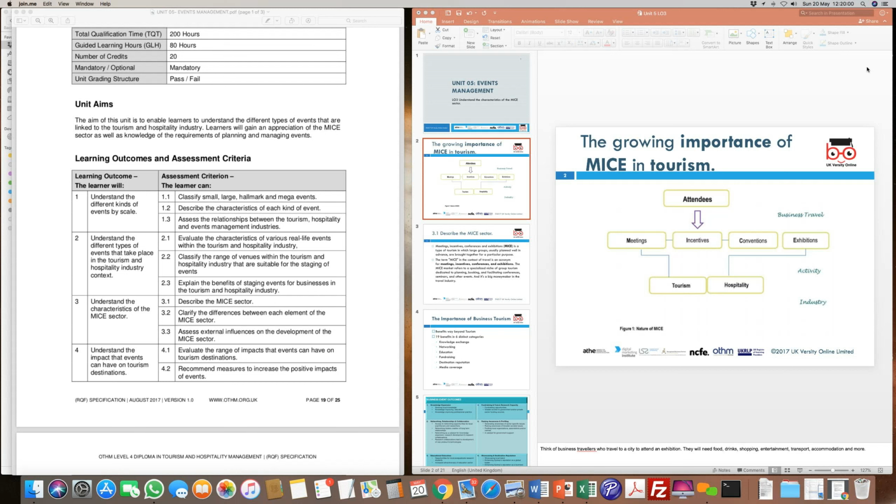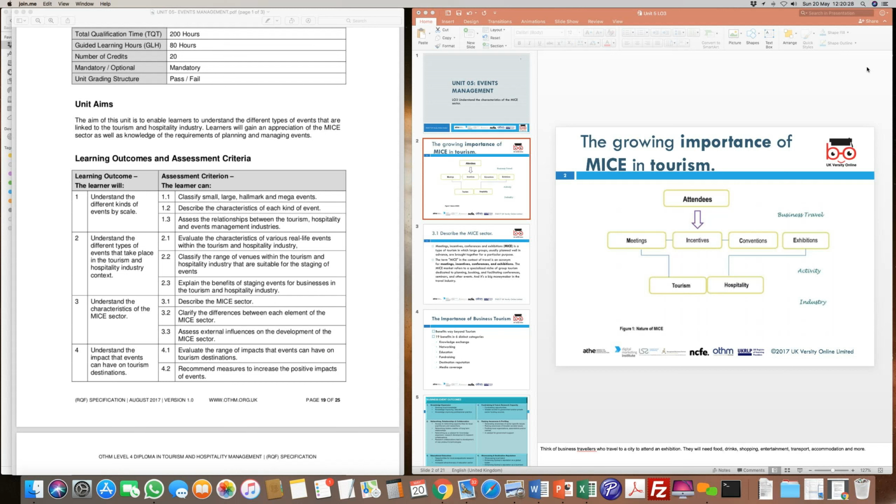Now, to that, when we discuss meetings, incentives, conferences and exhibitions or events, in this case exhibitions for this particular learning outcome, in your assignment, when you start to do the learning outcome 3 tasks, it will be good if you choose a particular country or a particular event that you could consistently refer to while doing these tasks.